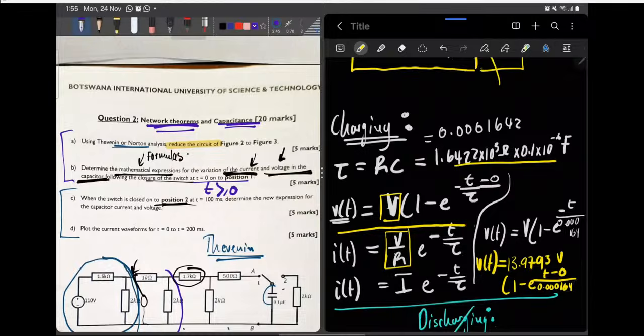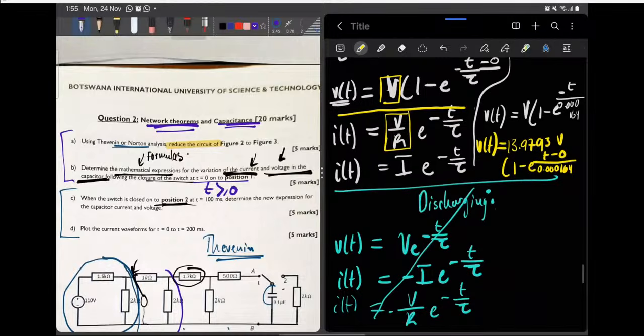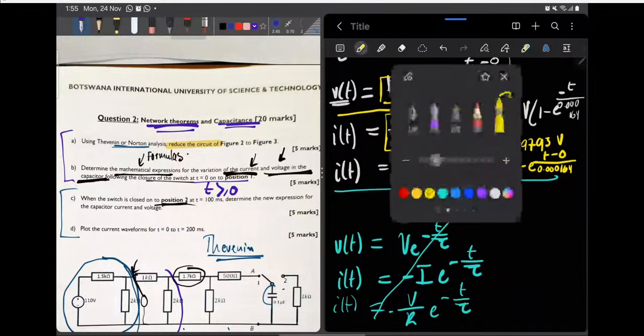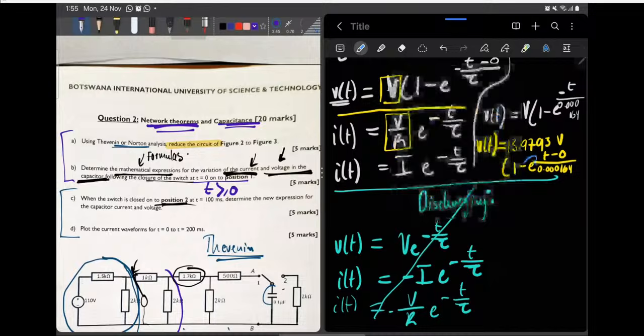Then you would put e to the negative t minus 0, by the way, for this one. Then you can have it like this.